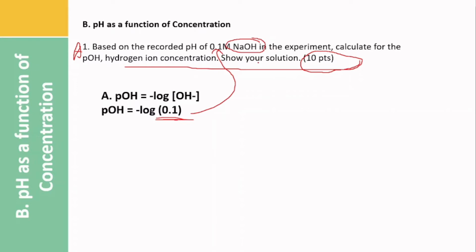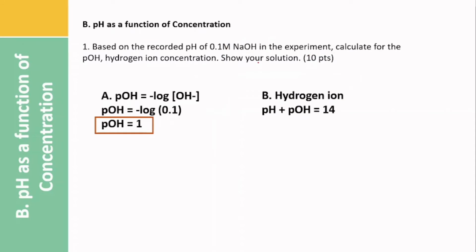Next naman po is kukunin na natin ang hydrogen ion. So, ang gagamitin natin na formula is pH plus pOH equals 14. Okay, 14 ito po ay constant. So, pH plus pOH na 1, based lang dun sa sinolve natin kanina, equals 14.